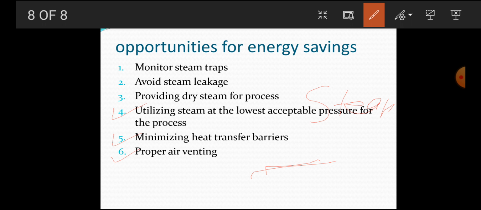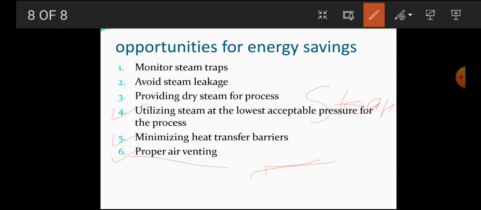Then last is proper venting, air venting. When steam is first admitted to a pipe after a period of shutdown, the pipe is full of air. Further amounts of air and non-condensable gases will enter with the steam.